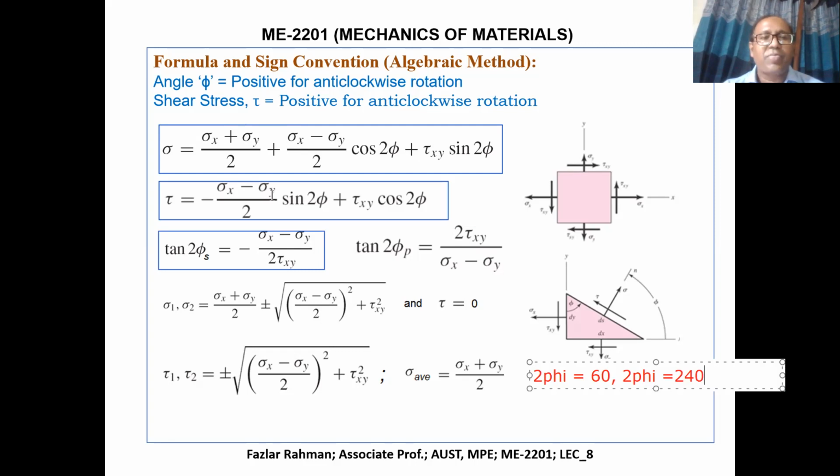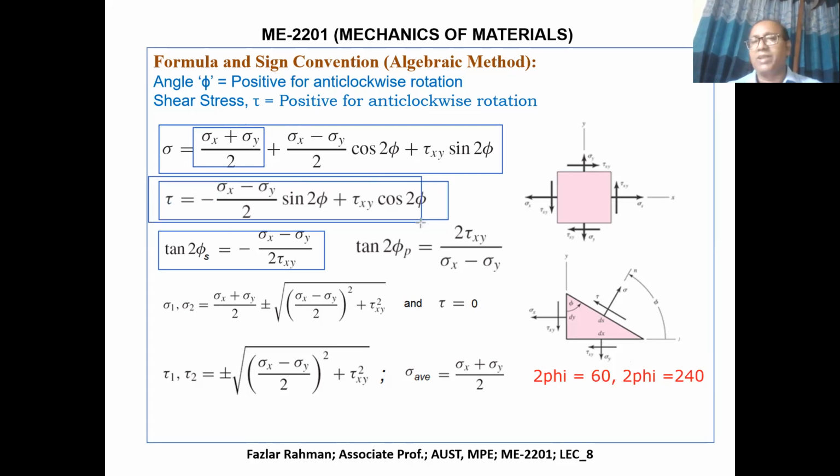You will see the right side value coming 0. If it is not coming 0, then you are wrong. Sometimes you make mistakes. So you got the sigma. What will be the tau? These two angles you put in this equation, which gives the value of tau. And that tau will be equal to the same as this value.